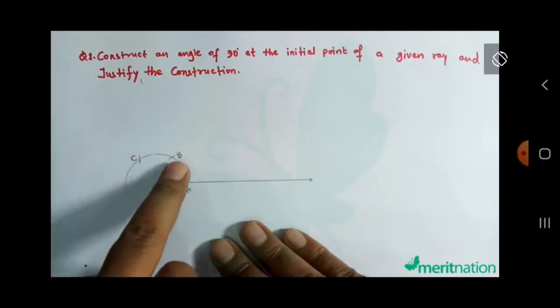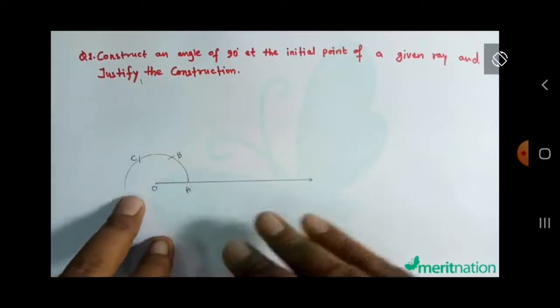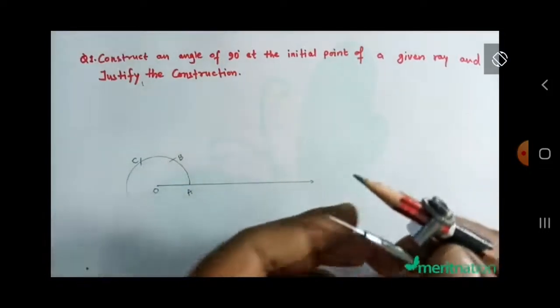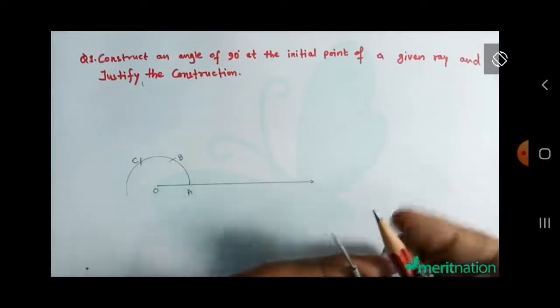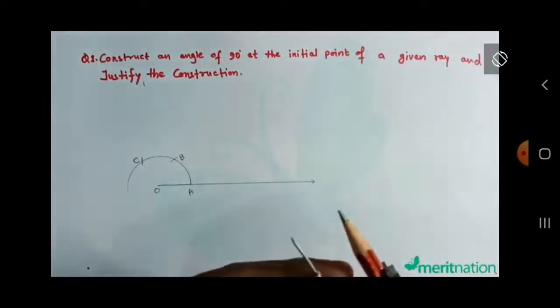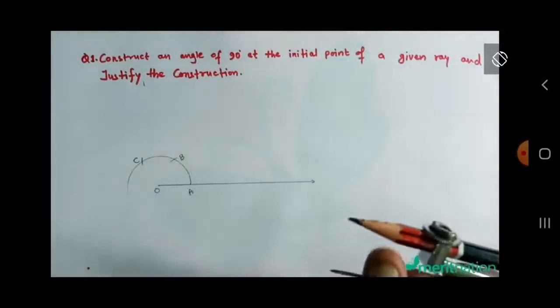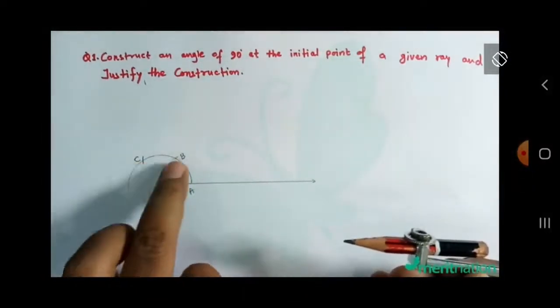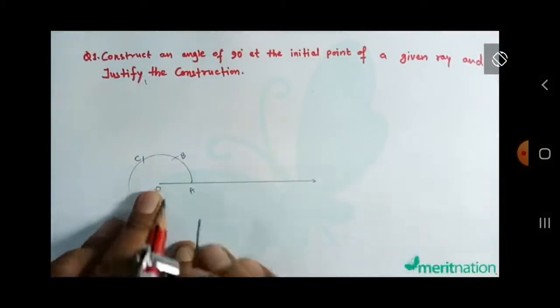So now we will bisect the angle between B and C. For that, now you can change the stretch of the compass. It is your choice, a little more or a little less. But we need to make sure that we take two equal arcs from B and C to bisect it.